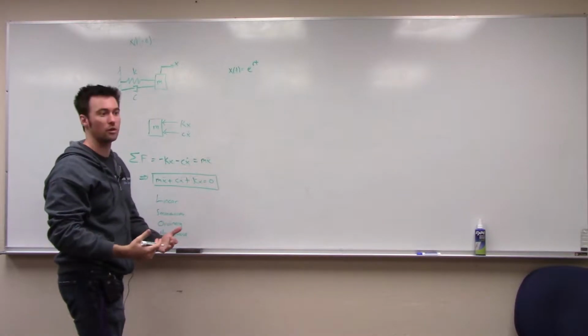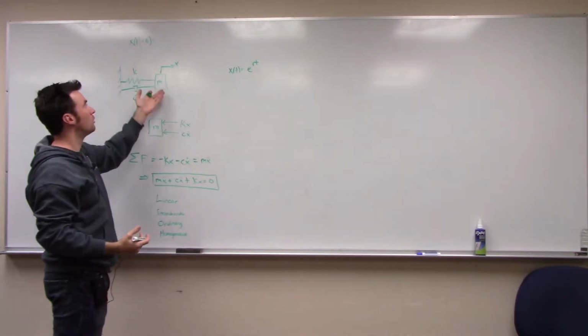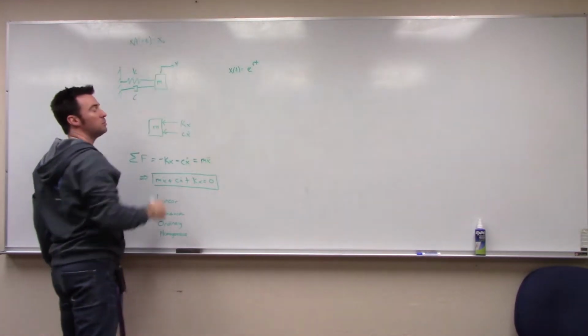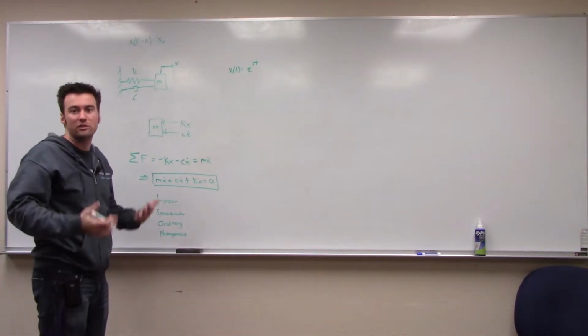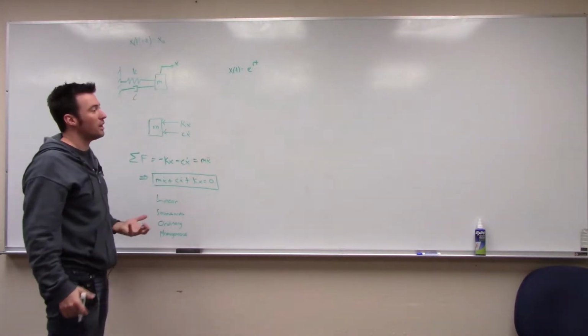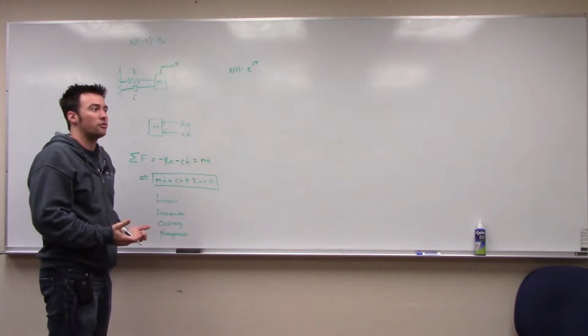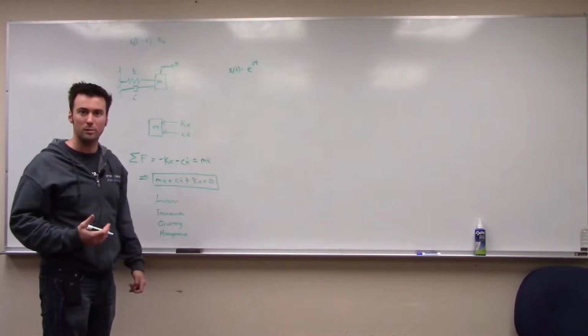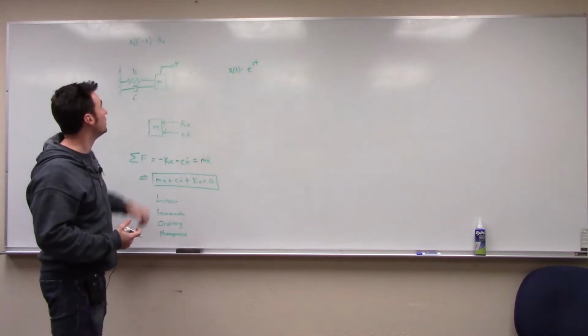At time 0, we want the x coordinate to be some value. I'm not going to give it a number. I'm going to keep it general in terms of a variable, x naught, to mean x at time t equals 0. If I'm trying to solve for the motion of this mass as a function of time, I need to know where it's starting from in order to solve it. And that's what that number is going to be.